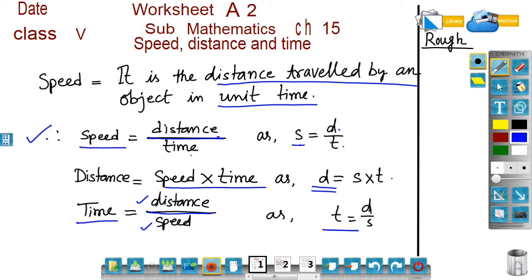Here it is denoted as small t equals small d divided by s. So these are the formulas for obtaining speed, distance and time. You must write the definition and also these formulas in both your classwork copies and homework copies.